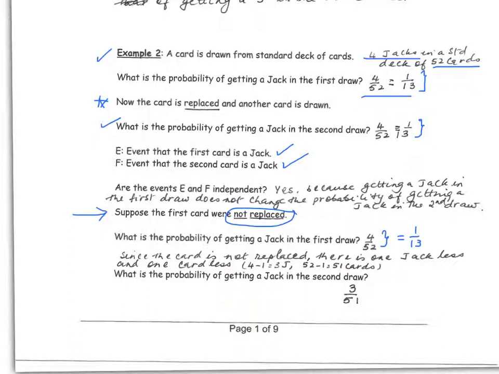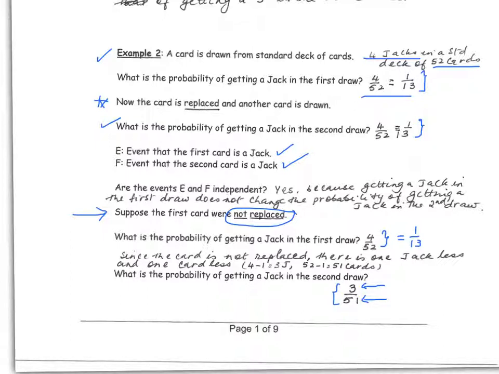So in the second draw we have one jack less and one card less. What is the probability of drawing a jack the second time? Since we did not replace the card, we only have 3 jacks and 51 cards. So the probability of drawing a jack in the second draw changes to 3 over 51.